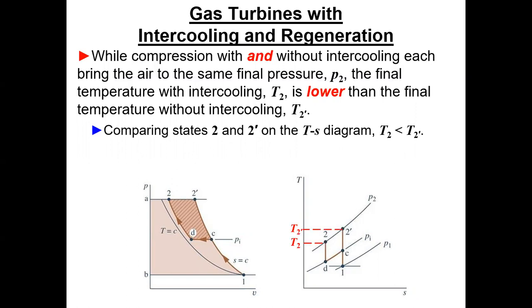If we don't do the intercooling, we just go straight up, and so this is the temperature, T2 prime. If we do intercooling, we come up and then we cool back down to D and then we come in here. So clearly T2 is less than T2 prime.